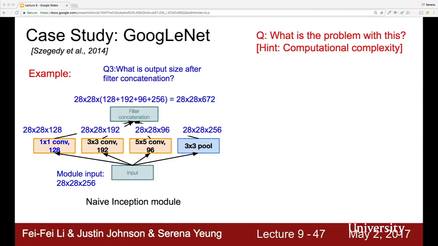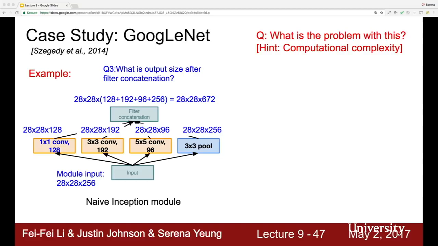Okay, the question is, how did we get 28 by 28 by 128 for the first conv? This is basically a 1x1 convolution, right? So we take this 1x1 convolution and slide it across our 28 by 28 by 256 input spatially. At each location, it does a dot product through the entire 256 depth.